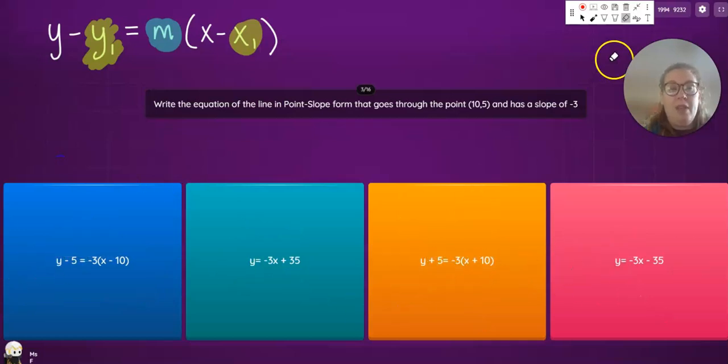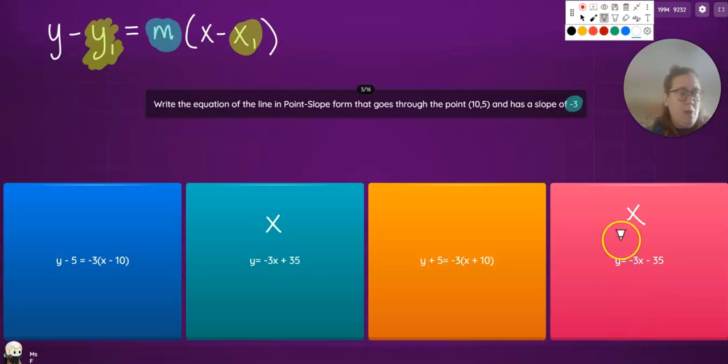Okay. Write the equation of the line in point slope form that goes through the point 10 comma 5 and has a slope of negative 3. So I would check for that negative 3 slope first. We want it in point slope form also. This is slope intercept form, as is this, so it cannot be B or D. Looking at the other two, they both have that slope of negative 3 in front of the parentheses.